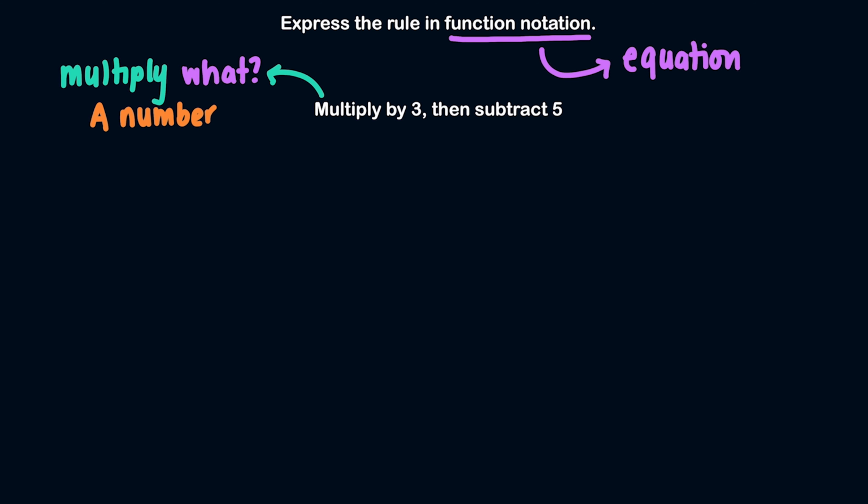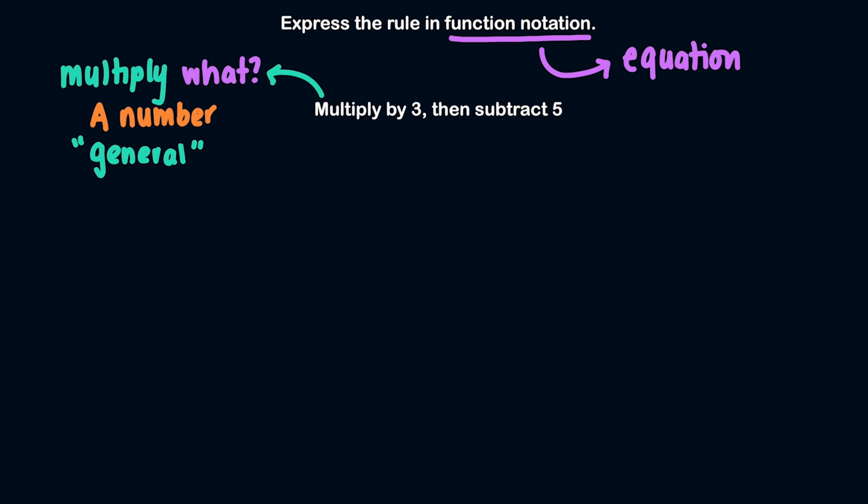Now, did they express to us what number we are multiplying by 3? No, right? Could have been 2. 2 times 3 is 6. Could have been 4 that they wanted us to multiply. It could have been negative 12, 17.